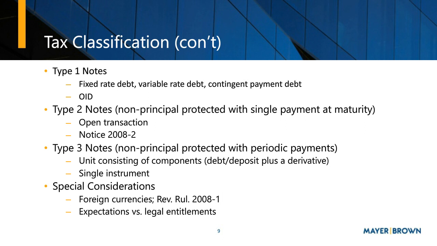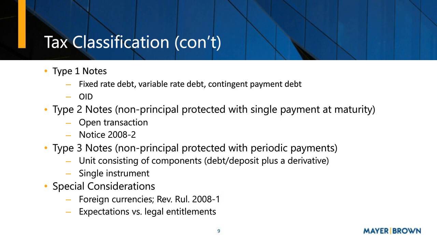And the IRS issued the revenue ruling and said, well, not so fast. If you look at it from the euro perspective, it's principal protected because you cannot lose any money if you look at it from a euro perspective. And so the IRS said that should be treated as a debt instrument for tax purposes, because you can have a foreign currency denominated debt instrument.